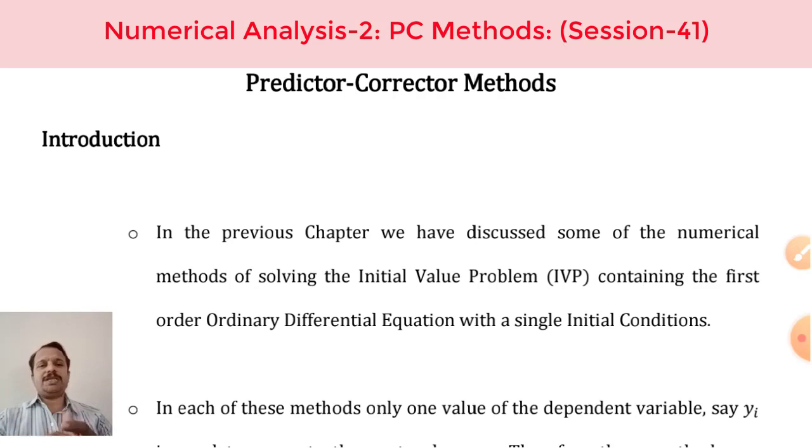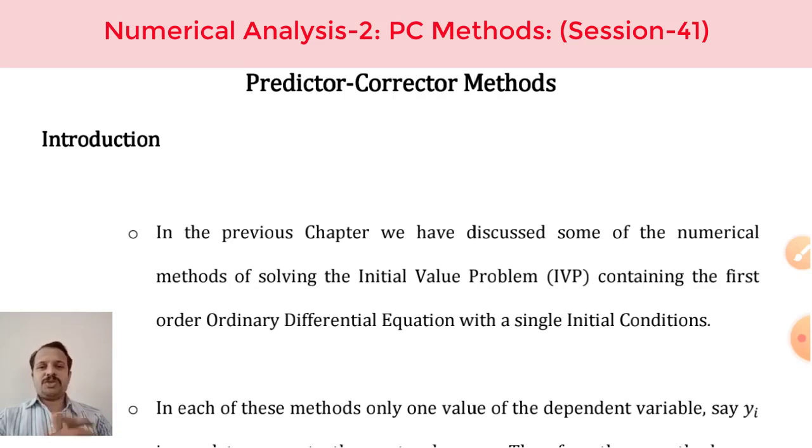So on the RHS the first term was y naught again, and even in Euler's formula it was y naught. In both Runge-Kutta methods the RHS was y naught. So only one value was necessary in those cases to compute the value of y at the next point, and therefore these methods were known as the single step methods.